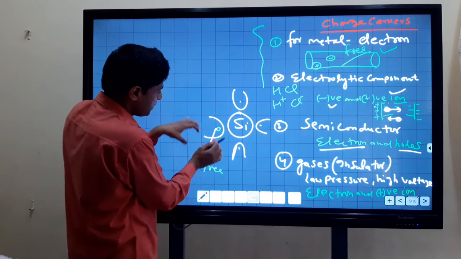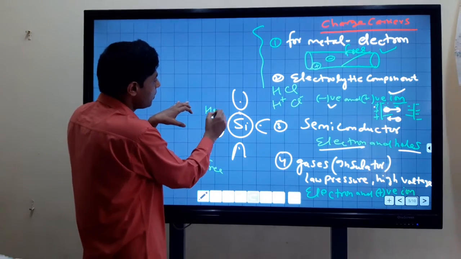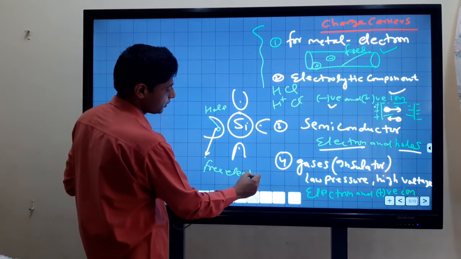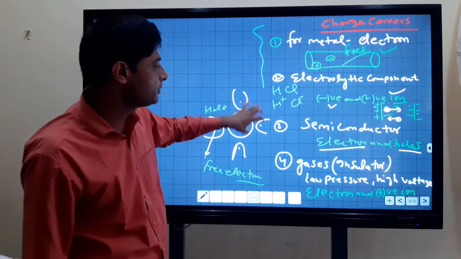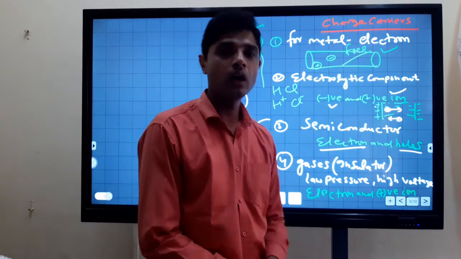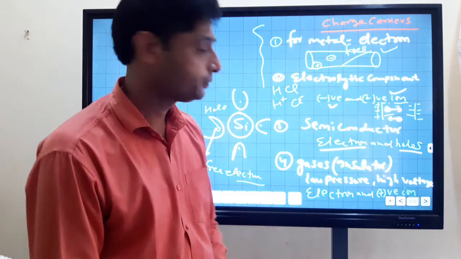So in semiconductor, electrons and holes are mobile charge carriers.